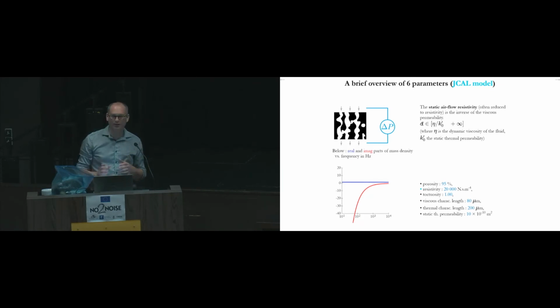The static flow resistivity is just the relation between the velocity through a porous material when you apply a pressure drop at both ends of this porous material.